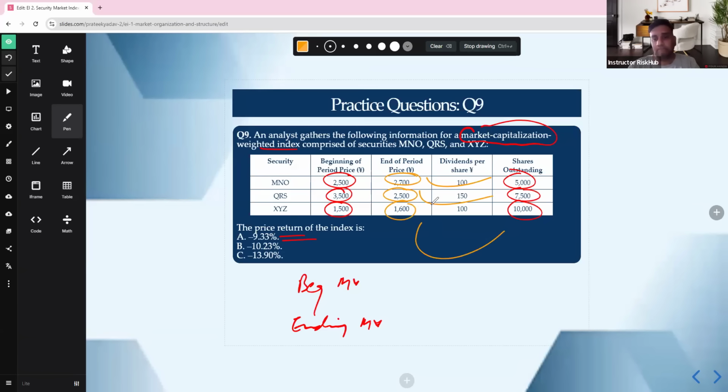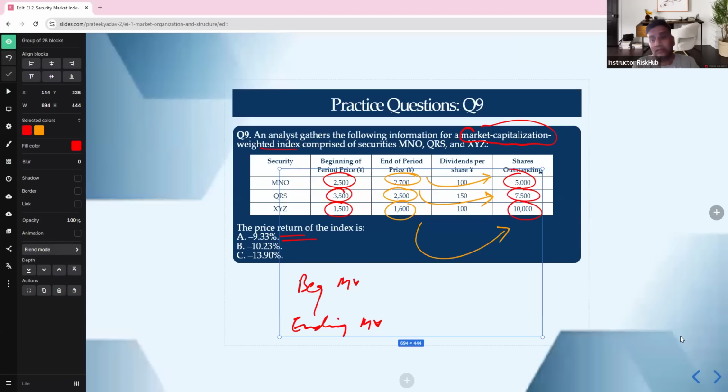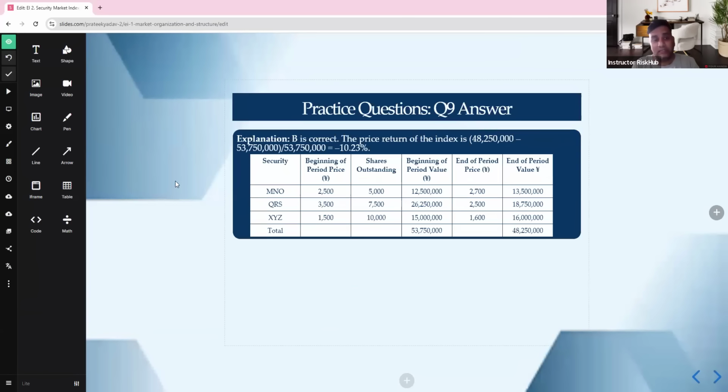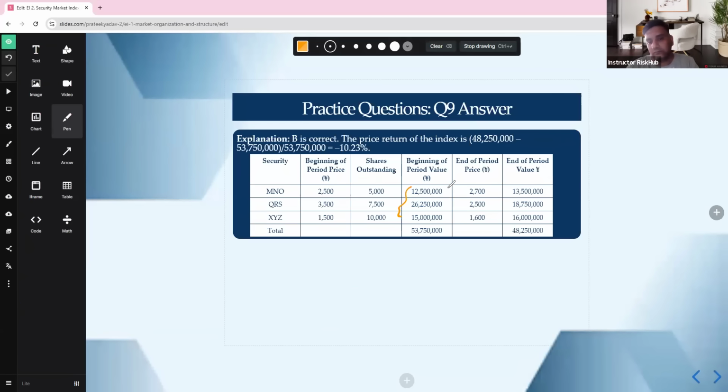Beginning with ending, and then we calculate. So basically, the idea here is that it's a market cap thing, so it will not come out just by adding. You have to multiply and then get the value. So the beginning market value, just found out by multiplication, this value, and the ending market value, this value.